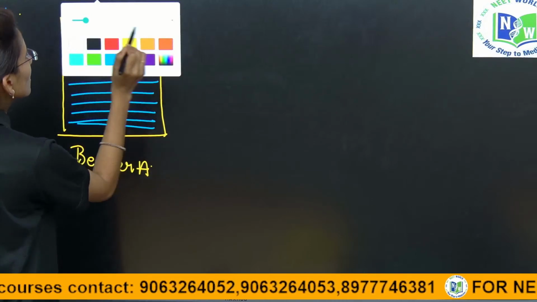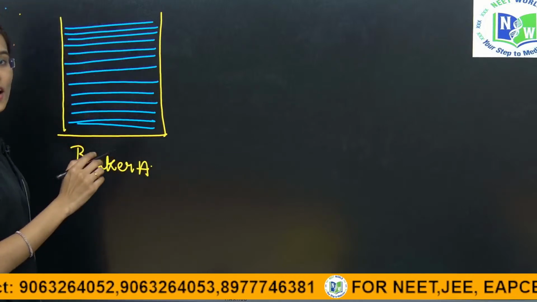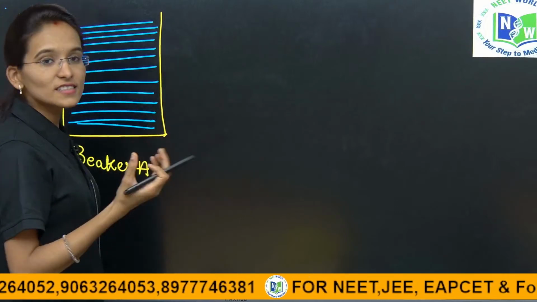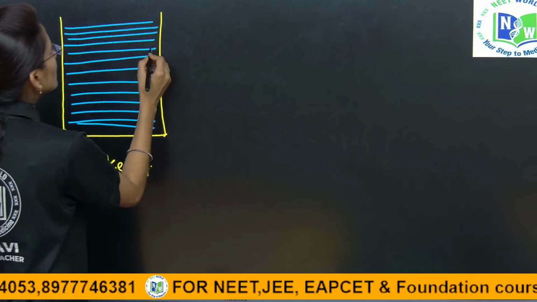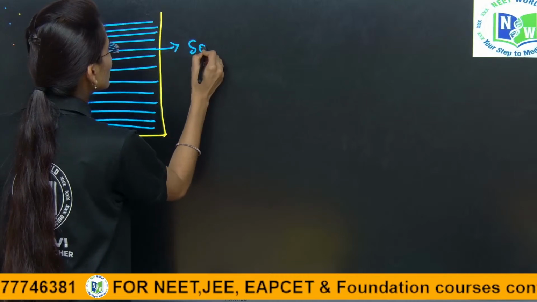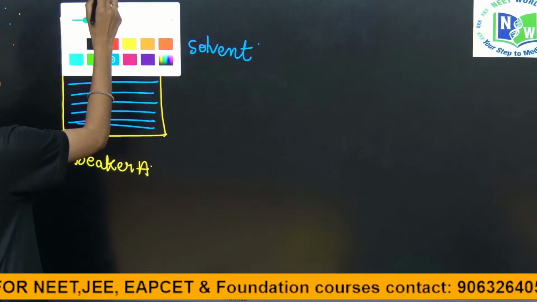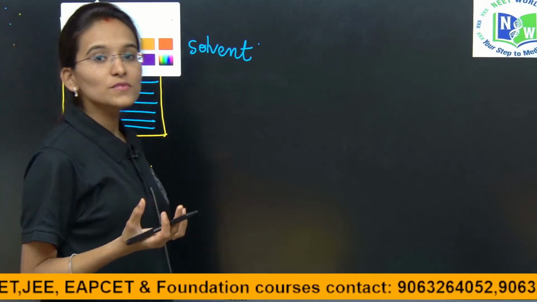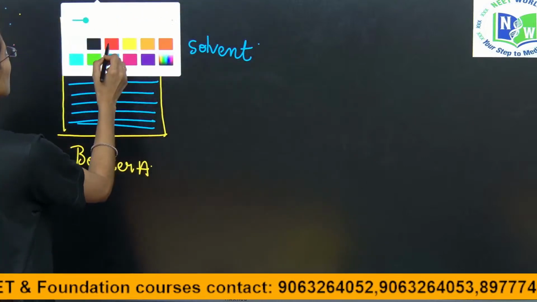So in this beaker A, I have poured some water, that is nothing but solvent. Let me label it here clearly. This blue color one is solvent. And along with this solvent, I am going to add some solutes. What may those be? That may be either sugar or salt.